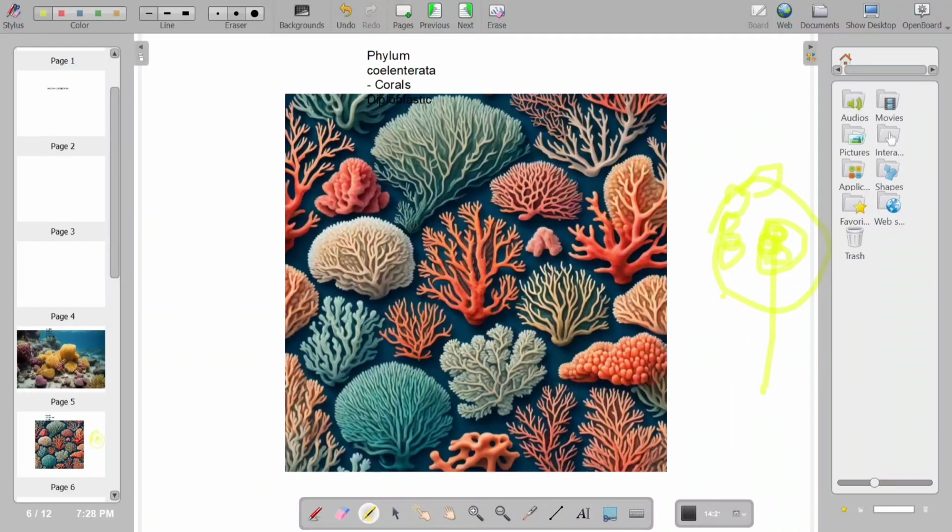This region is known as ectoderm. In between, there is a space known as mesoglea. So these are known as diploblastic, where they are composed of only two types of cell layers, the ectoderm as well as the endoderm.